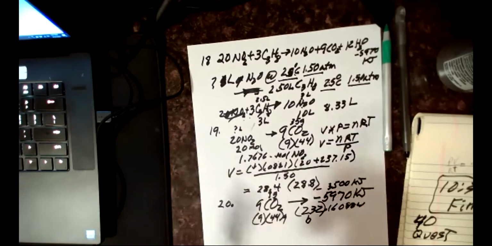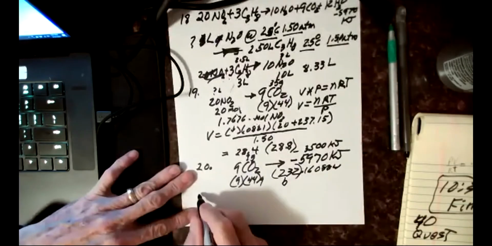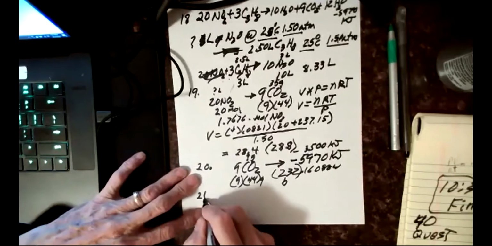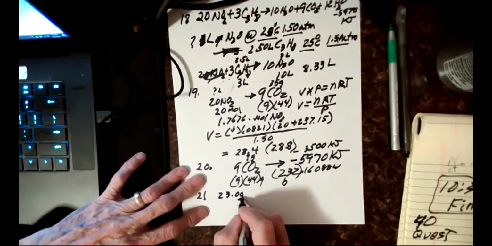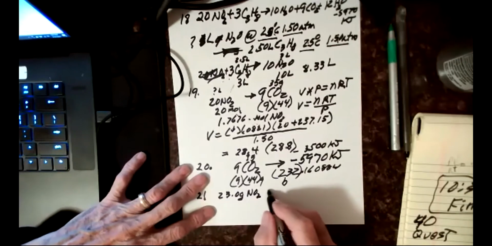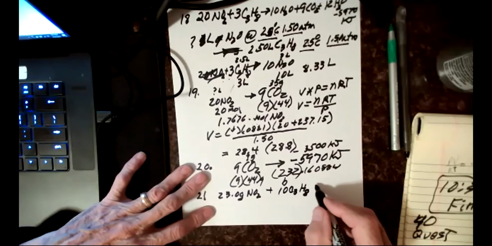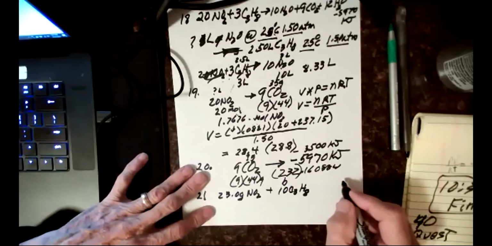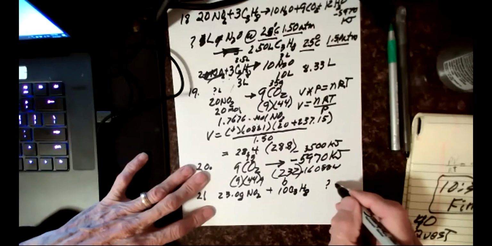Now, number 21, I'll reproduce over here. It says we've got 23.0 grams of NO2, and we got 10 grams of C3H8, and we want to know how much heat, the number of kilojoules.